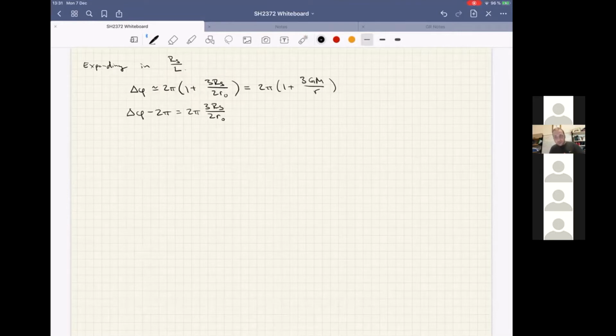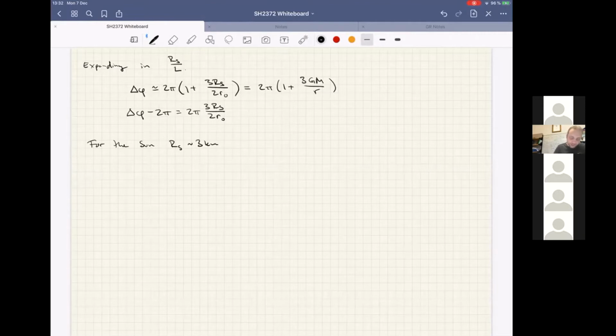So just inserting now for Mercury. For the Mercury-Sun system, for the Sun, we have a Schwarzschild radius of around 3 kilometers.